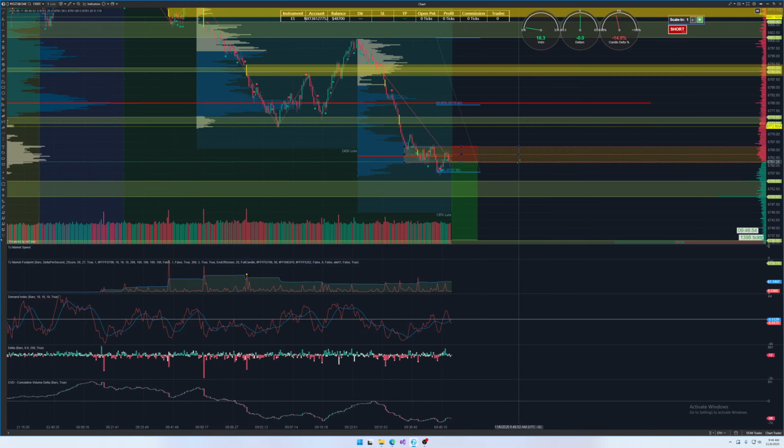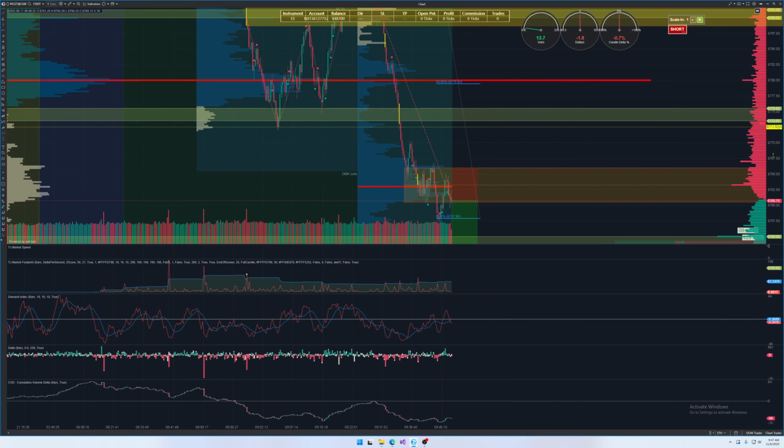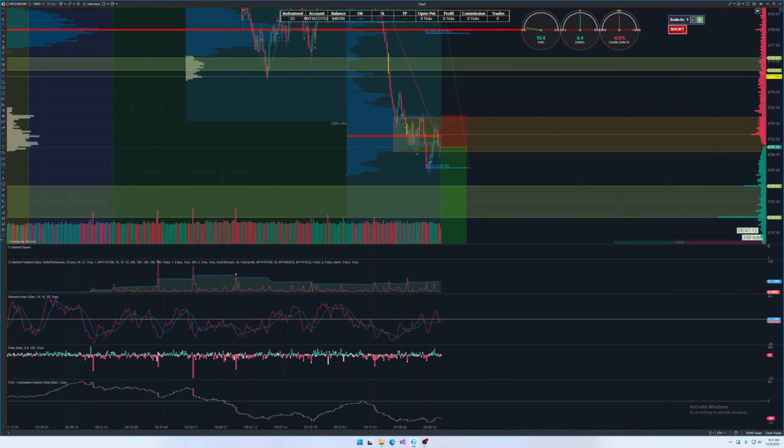I might want to trade that range here. And the range itself is 20 ticks, not a lot.